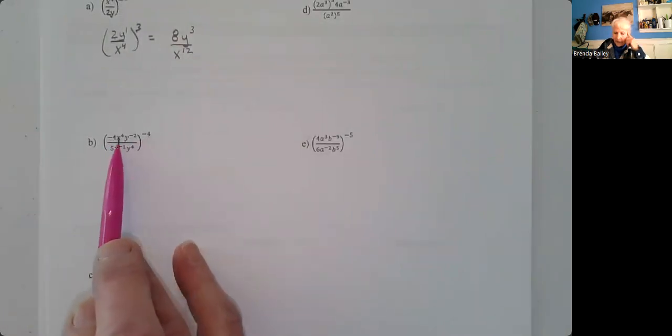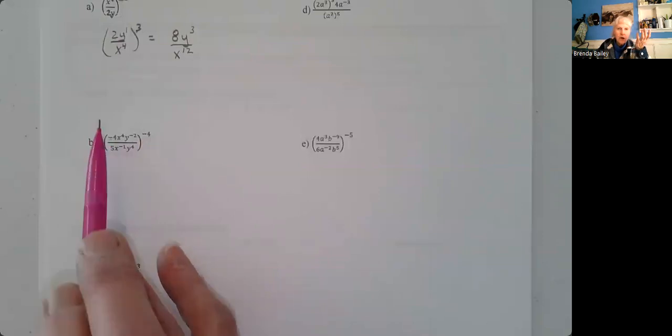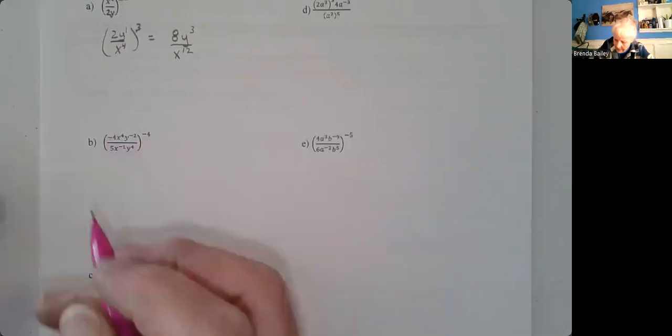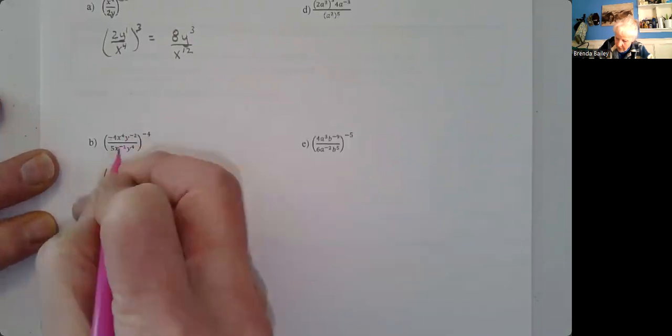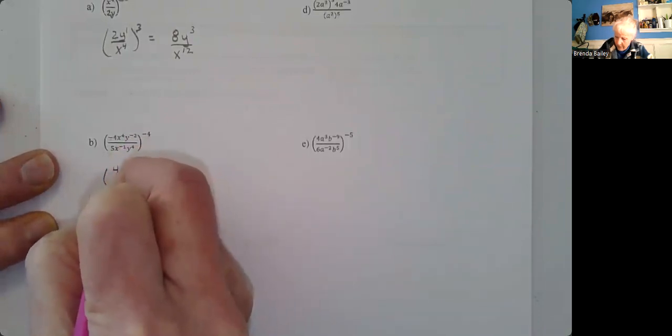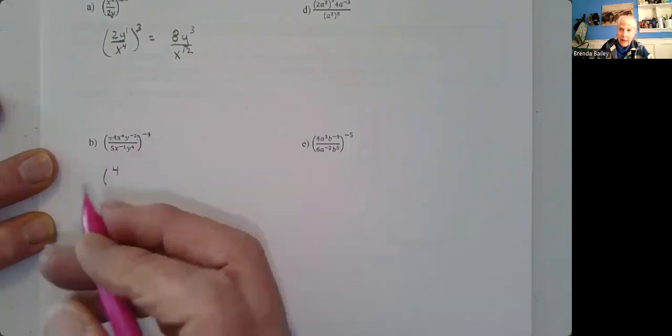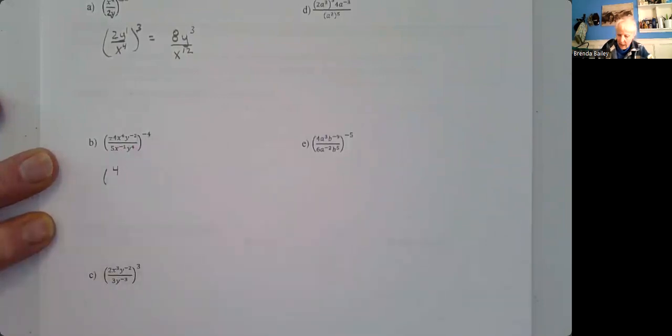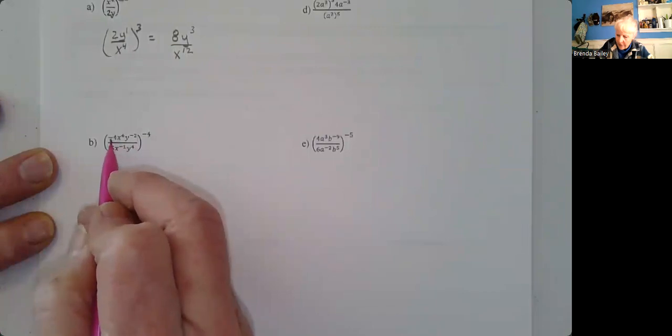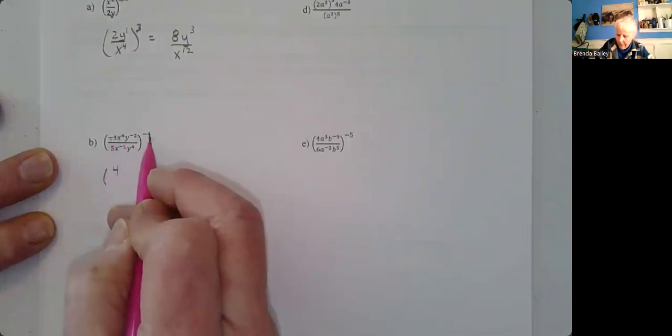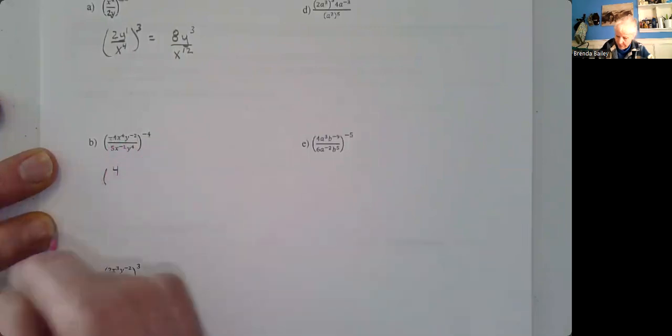So that negative is going to disappear. So we can just ignore it. All right, so it's gone. Okay, that negative disappeared. If you left it there till the end, that's fine. Eventually, though, you're going to have to realize negative in the parentheses with an even power becomes positive.